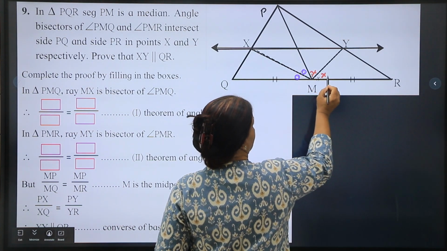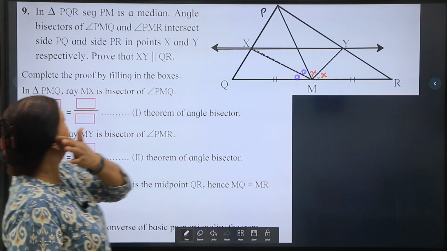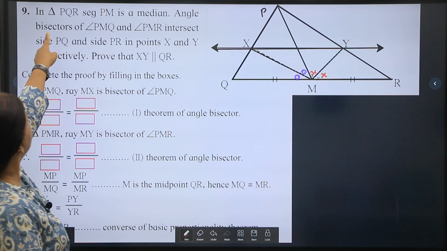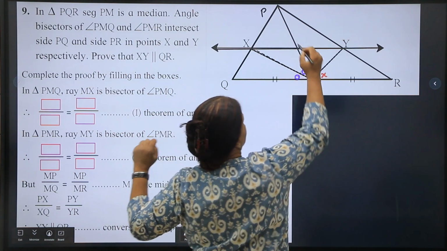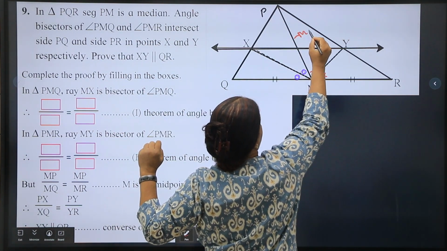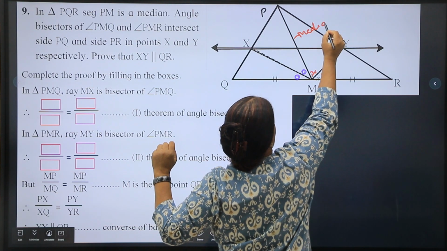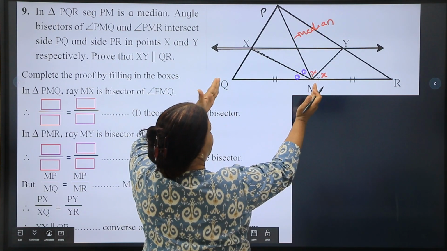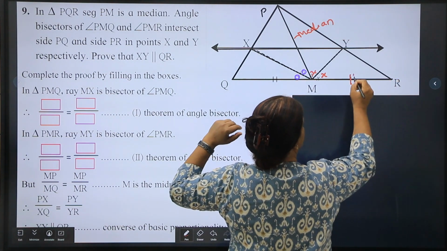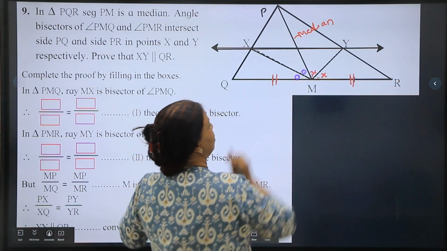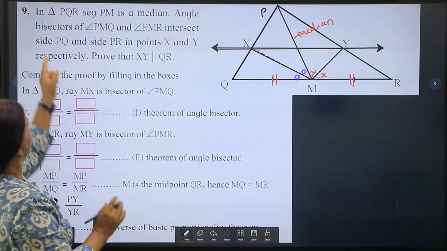This is given here, okay. So we have triangle PQR, PM is a median, given. Median means it divides the line QR as QM is equal to MR, and it is also mentioned here, QM is equal to MR, fine.